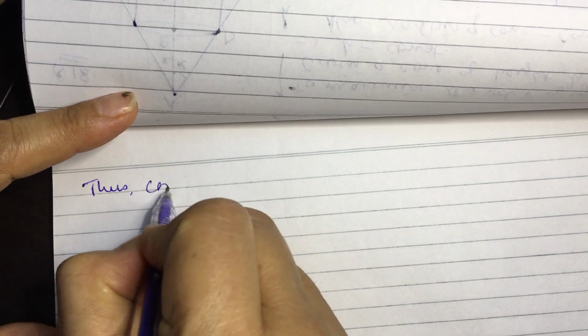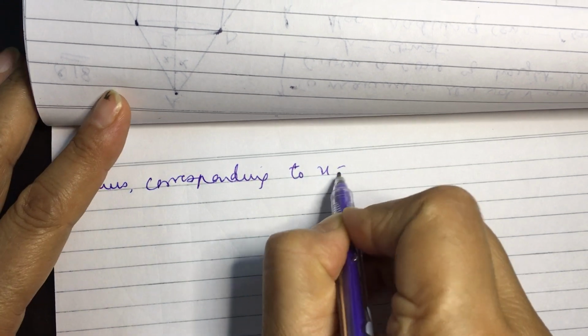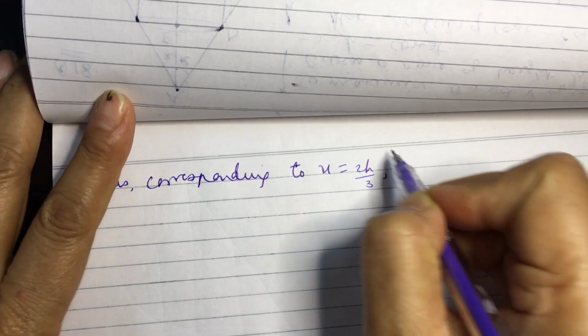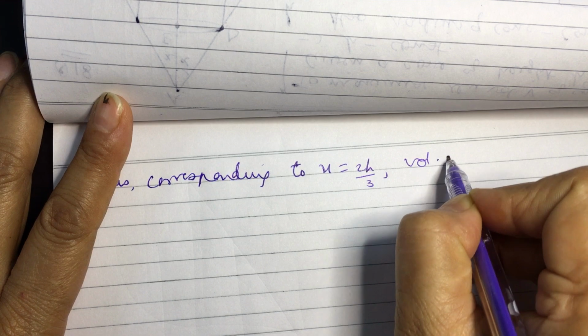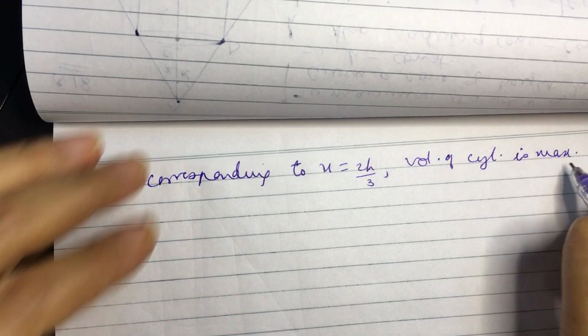So thus we get corresponding to x equal to 2h by 3, volume of cylinder is maximum, okay.